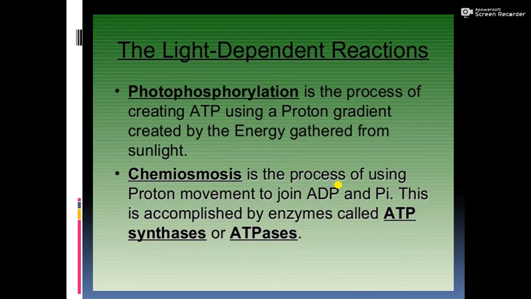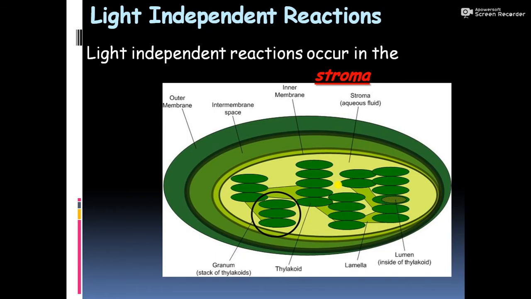Photophosphorylation is the process of creating ATP using a proton gradient created by the energy gathered from the sunlight. And chemiosmosis is the process of using proton movement to join ADP and inorganic phosphate. This is accomplished by enzymes called ATP synthase or ATPases.